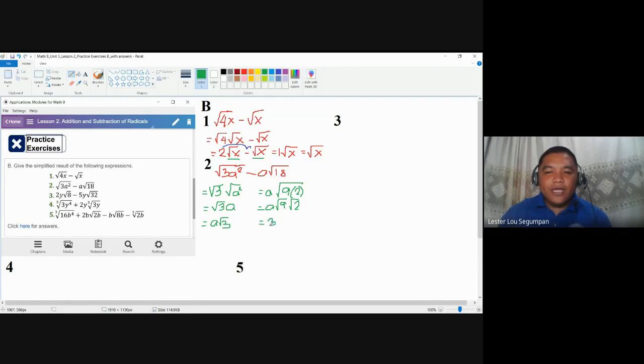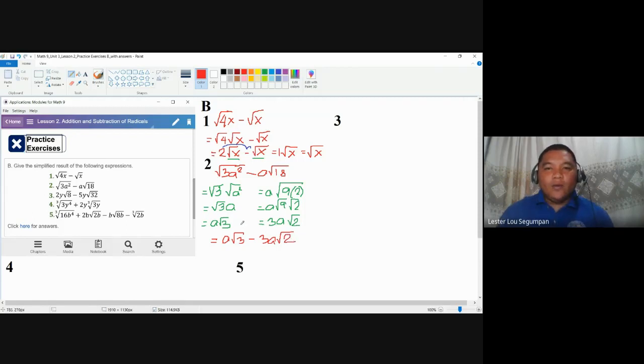So you have 3a square root of 2. So we have simplified the given for number 2. Now let's see if we can combine them. So instead of square root of 3a squared, you have a square root of 3 to be subtracted by 3a square root of 2.